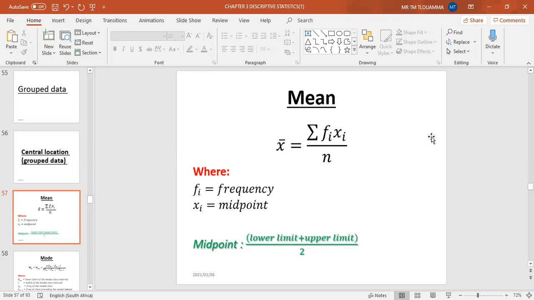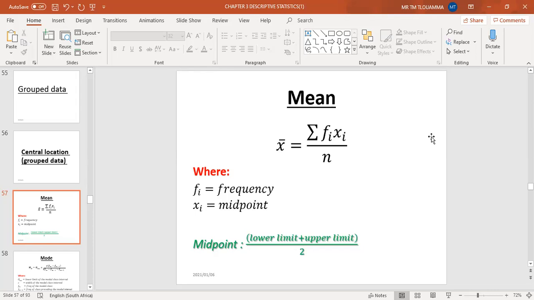Meaning in your data set, you will be given the frequencies, right? The xi simply means the midpoints, so you have to calculate the midpoints on your own.